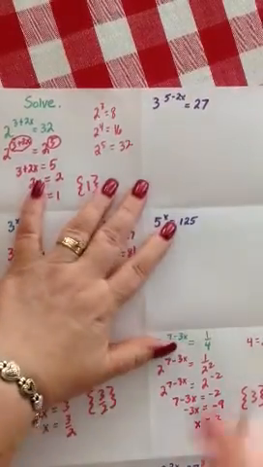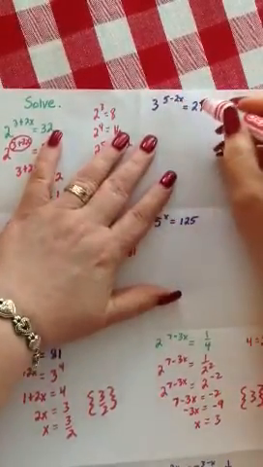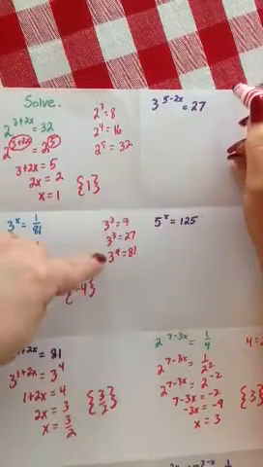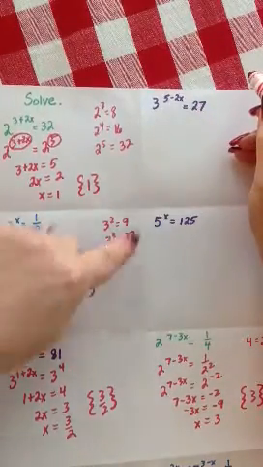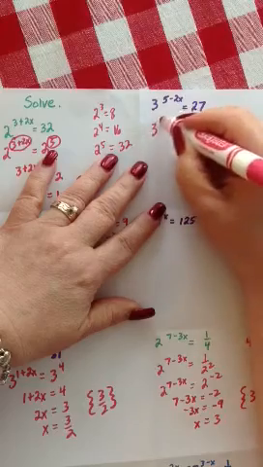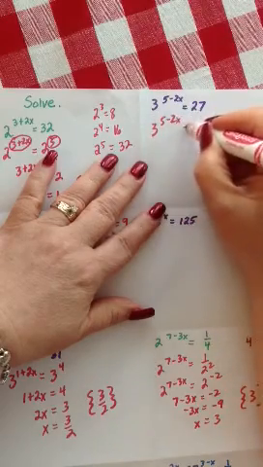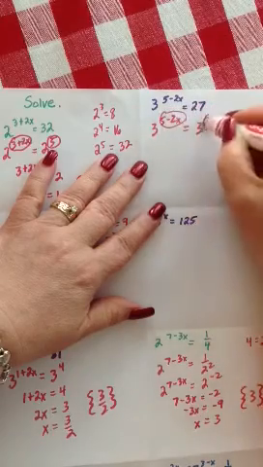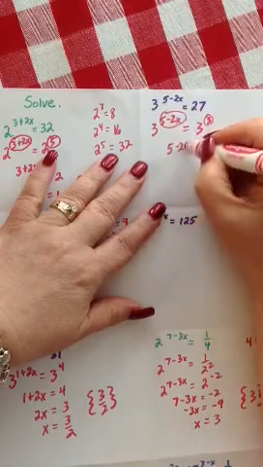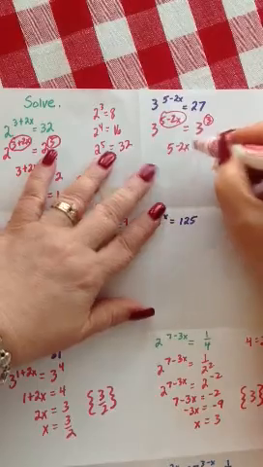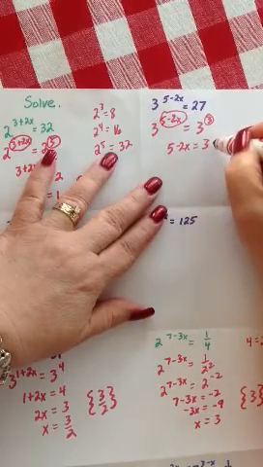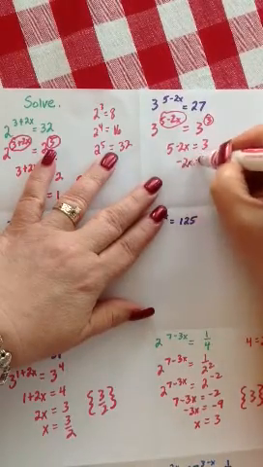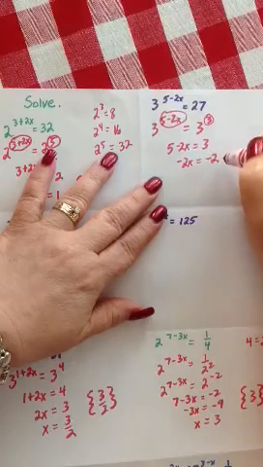All right, I'm moving to the top here. 3 to the 5 minus 2x is equal to 27. Well, I think we said here that 3 cubed was 27, so we could say 3 to the 5 minus 2x is equal to 3 to the third. Then you just set these equal to each other, so 5 minus 2x equal to 3. Subtract 5 from both sides, so negative 2x is equal to negative 2.